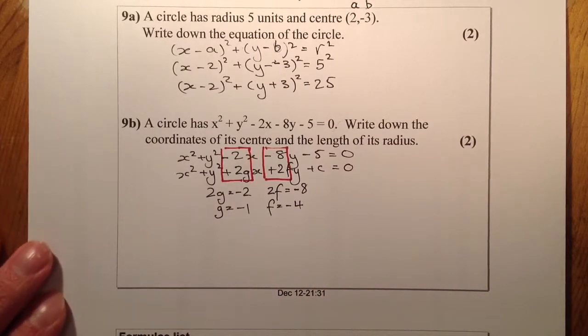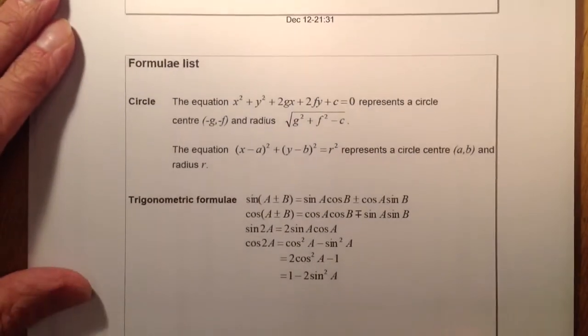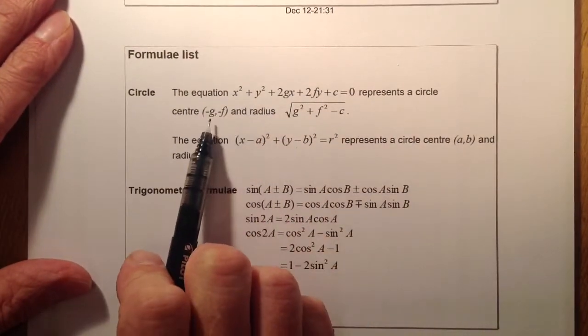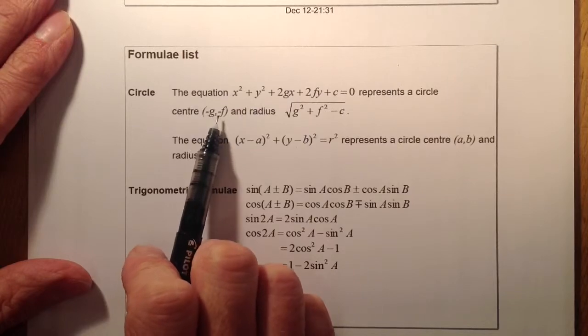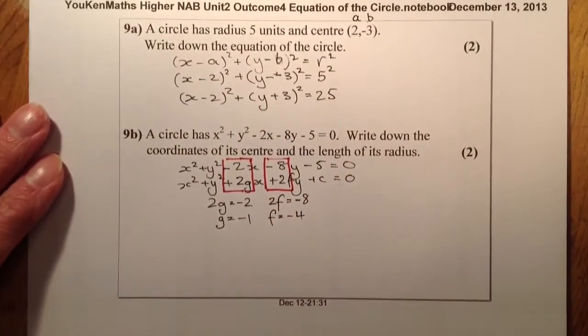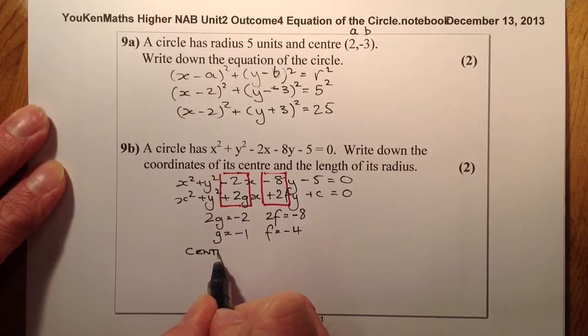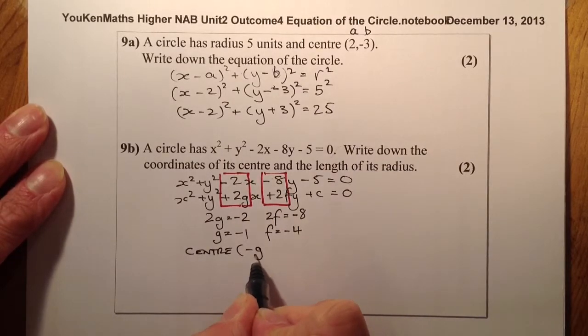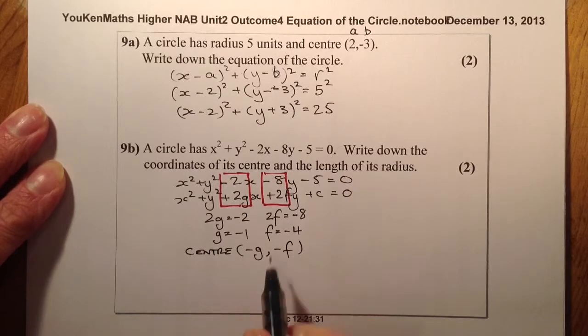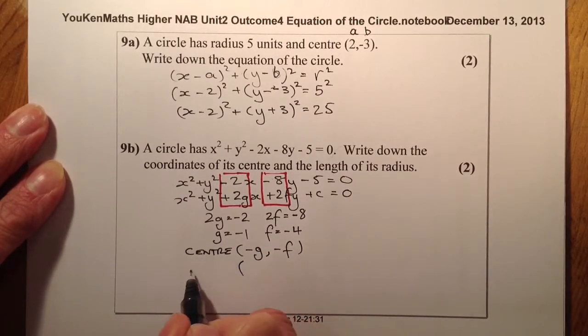Now if I go back to the formula sheet, again I can see here that the centre will be (-g, -f). So that's what I'm going to use to find the centre. So I know that the centre is (-g, -f), just the opposite of these ones up above.